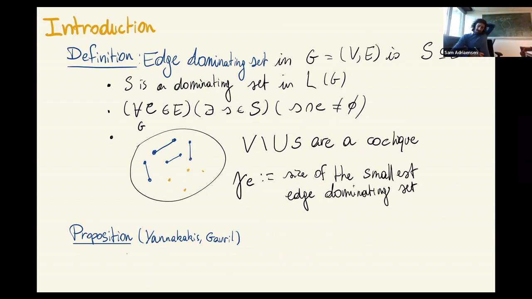And there is an interesting observation by Yannakakis and Gavril. They gave a sort of procedure where if you start from an edge dominating set of smallest possible size, you can always transform it into a matching of the same size. So you can always assume, if you're looking at the size of the smallest edge dominating sets, that you're looking at sets of edges which are pairwise disjoint.